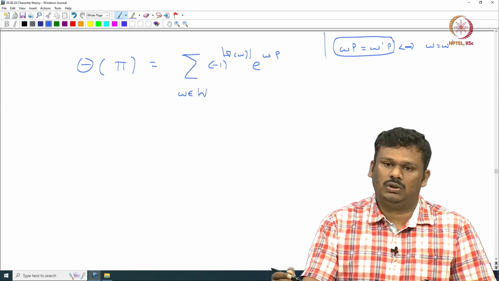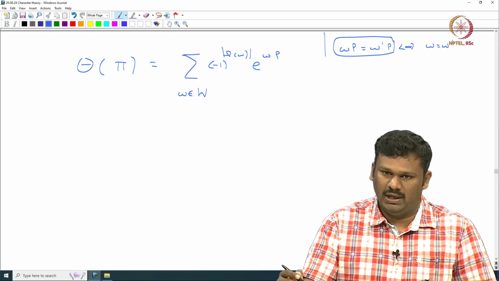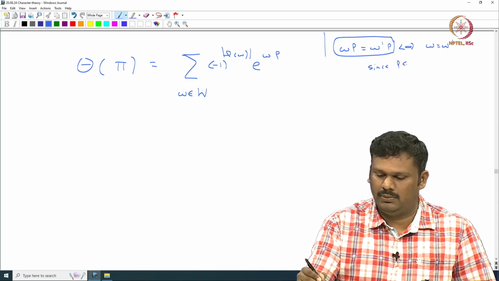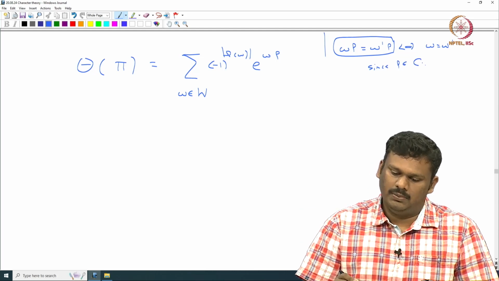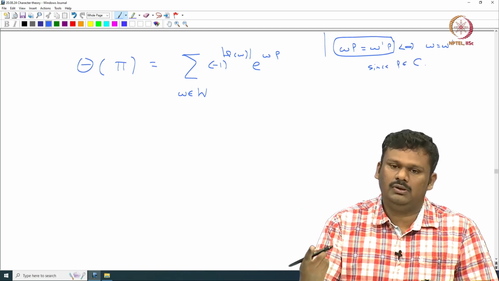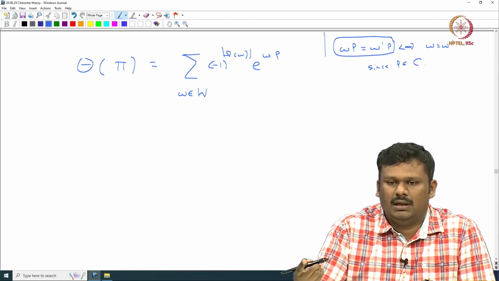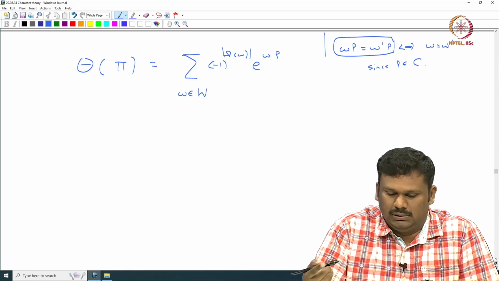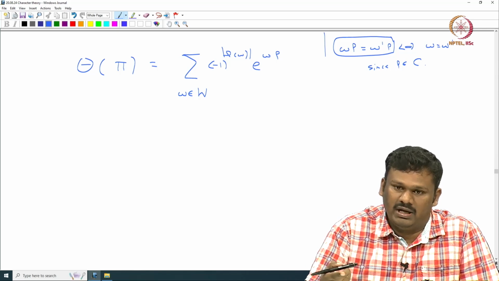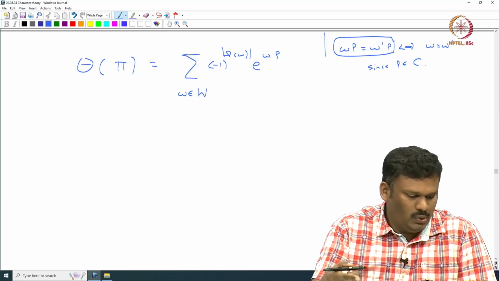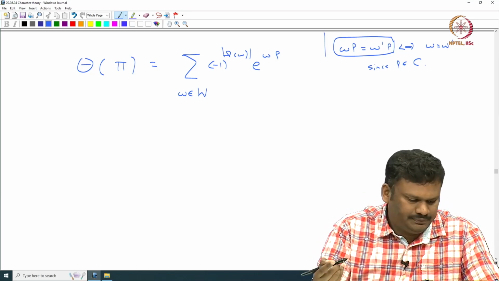That is because rho comes from the fundamental chamber C. So, since rho comes from C, for different w's you will get different omega of w. So, you can index using that capital W all the omega of w, no issue. So, when you apply theta of pi, you exactly get this.